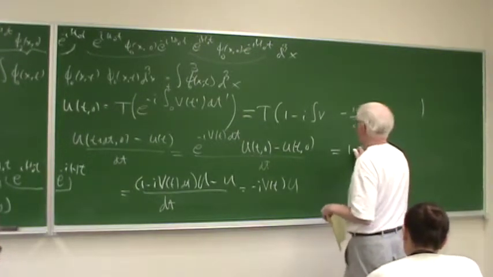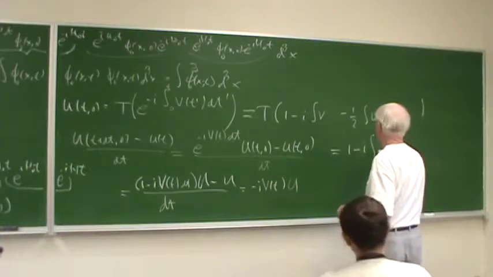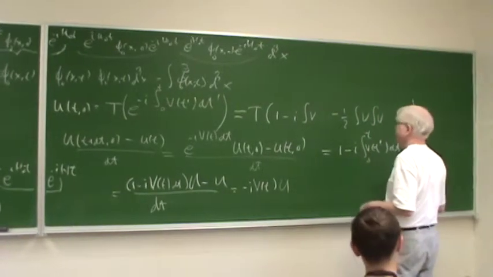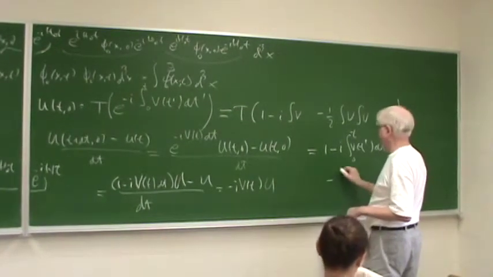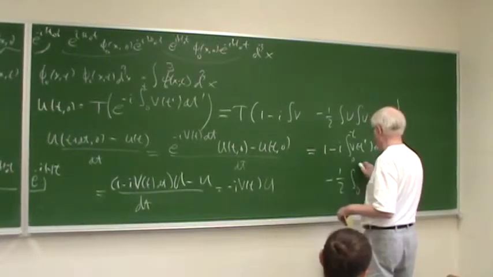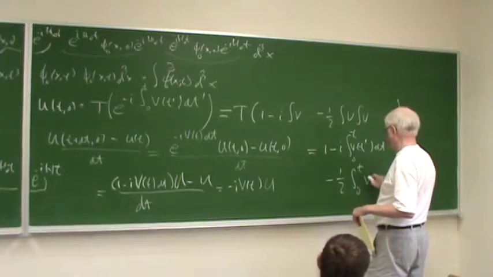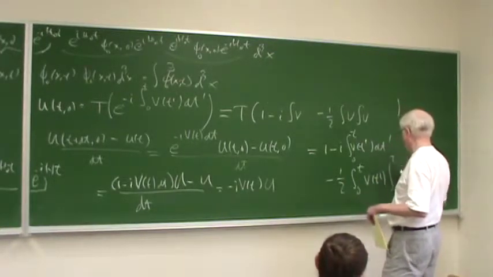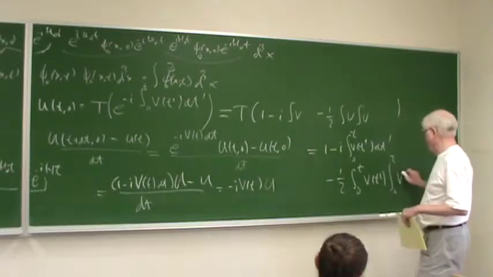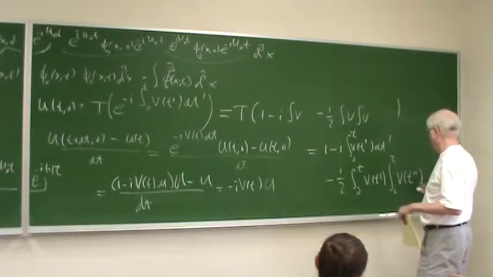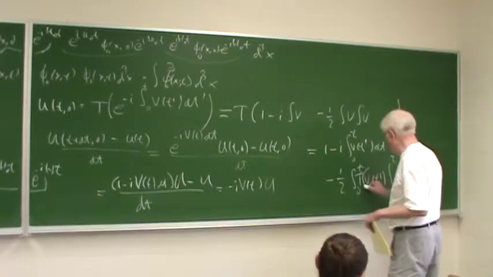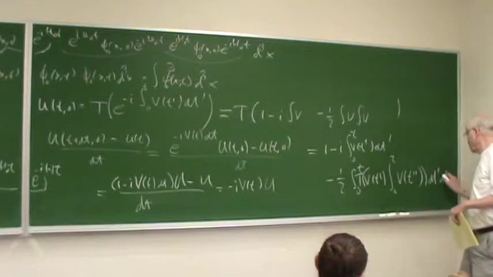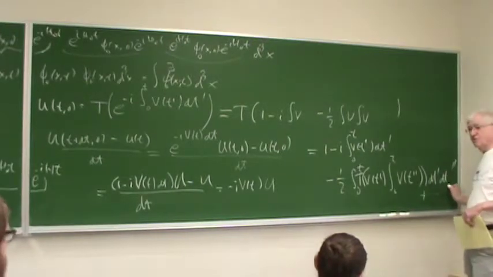So this is 1 minus i integral 0 to t V(t') dt' minus a half integral 0 to t V(t') integral 0 to t V(t''). Now these have to be time ordered. dt', dt'', and then higher order terms.